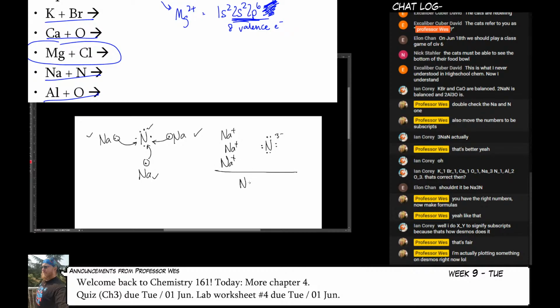So my formula is this, Na3N, not NaN3 like I always want to write for some reason. Somebody found a mistake in the lecture. I wrote NaN3 instead of Na3N. So if you see me write NaN3, look in the comments and see if I didn't accidentally mean to write this.